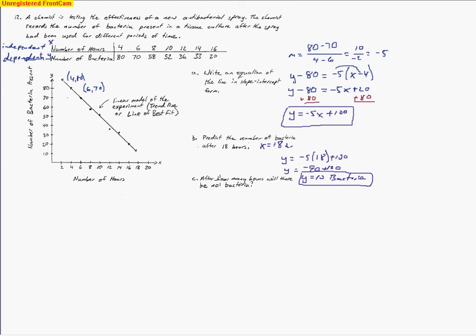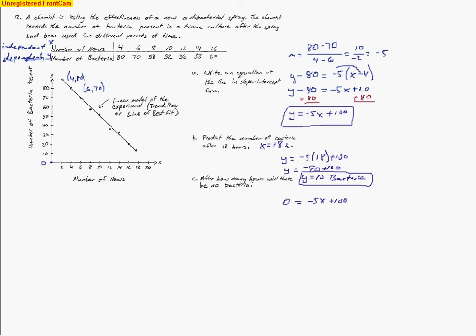And after how many hours will there be no bacteria? Well, no bacteria means that we have a y value of 0. So in place of y, I'm going to put 0 equals negative 5 times x, because I'm looking for how many hours that's going to be, plus 100.